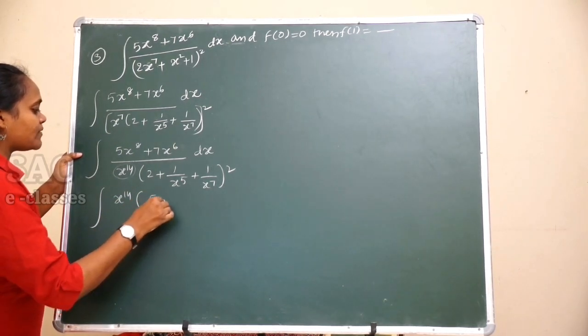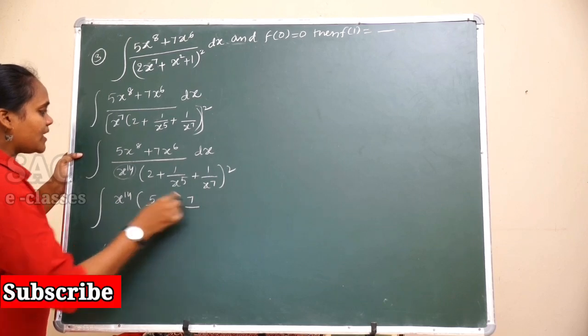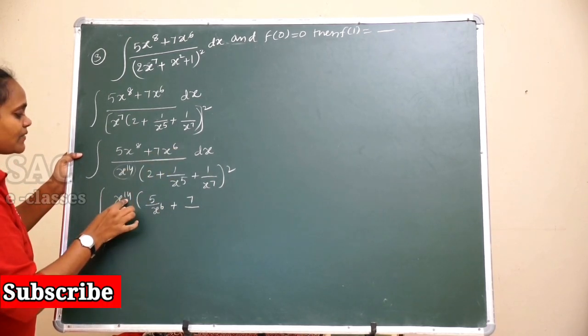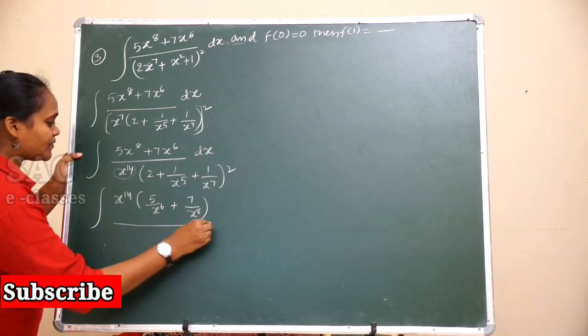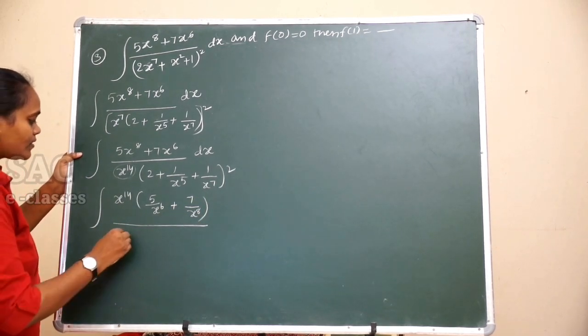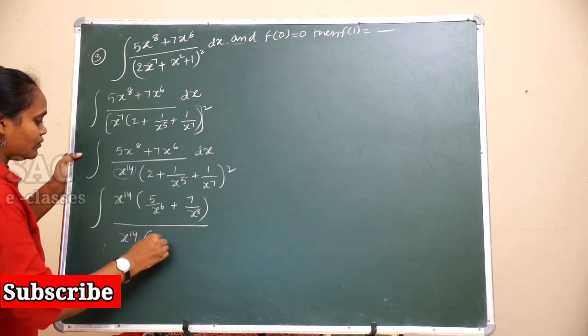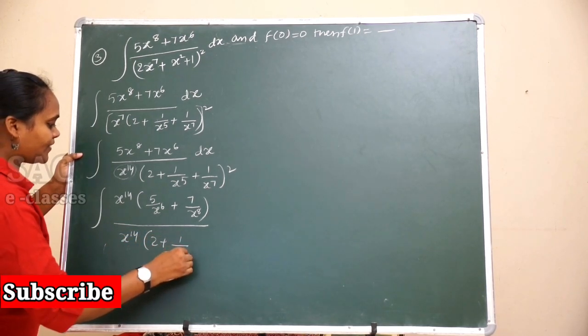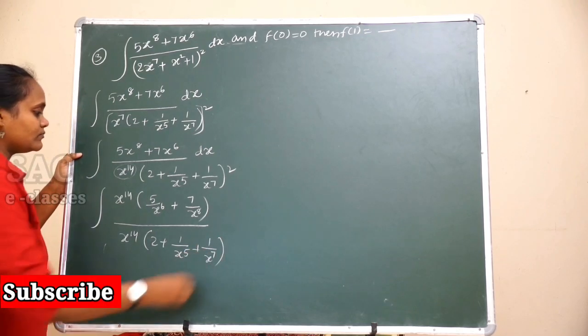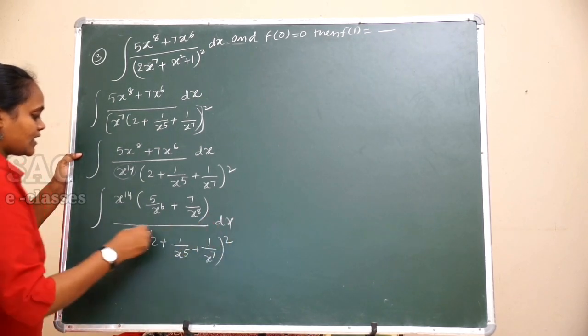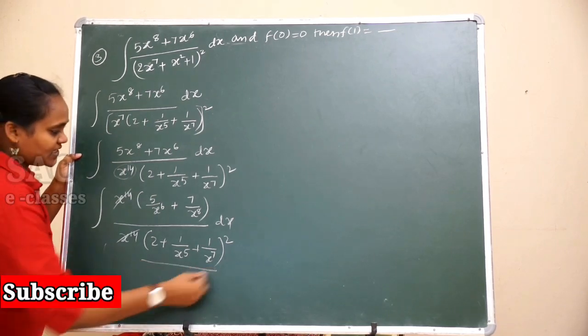So 5 by x power 6 plus 7 by x power 8, since the difference between 14 and 6 is 8, over x power 14 into 2 plus 1 by x power 5 plus 1 by x power 7 whole square, dx.